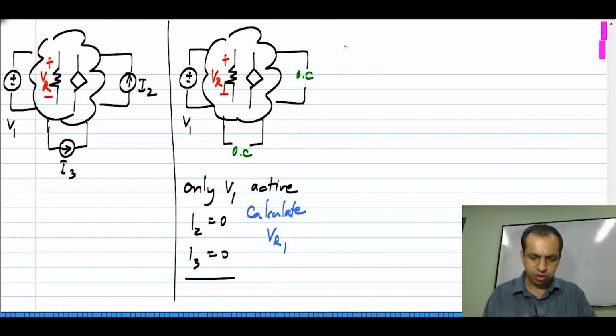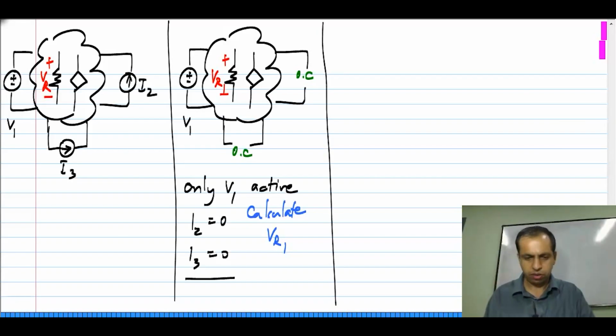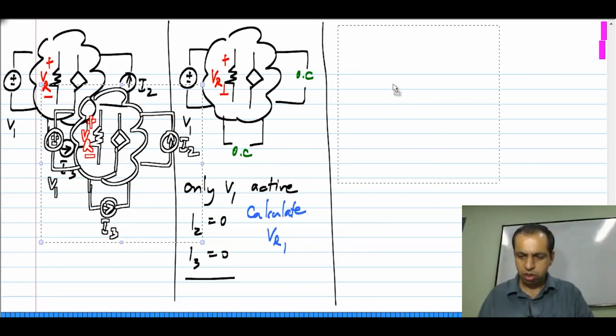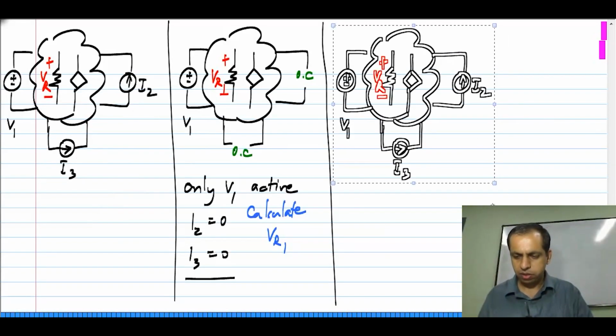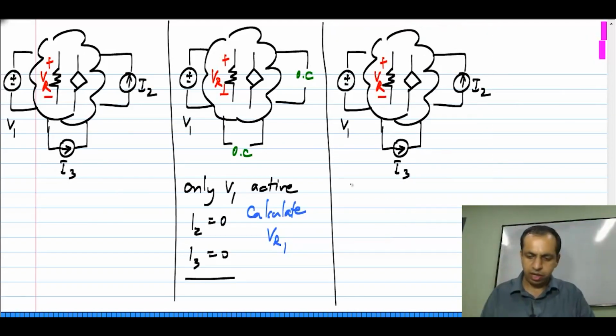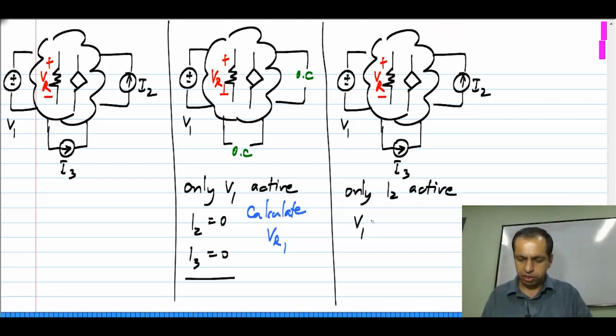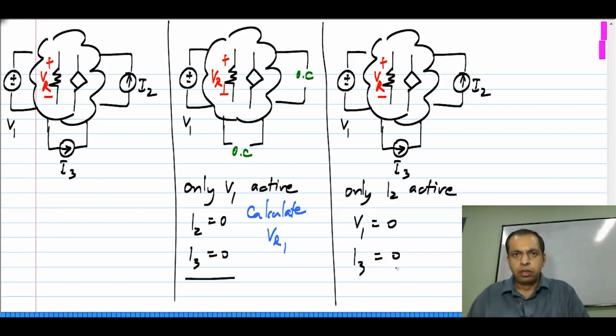Next, I analyze the circuit once again. Okay. This time I will have only I2 to be active. So, that means that V1 is 0 and I3 is 0. Okay. So, what do I do? I have to set I3 to 0.